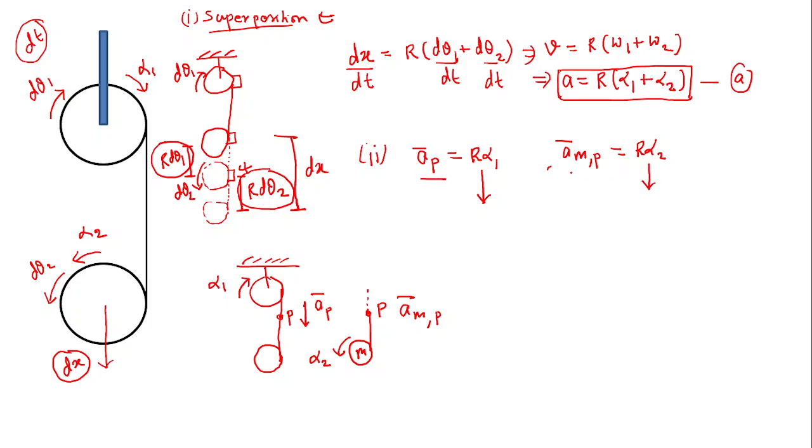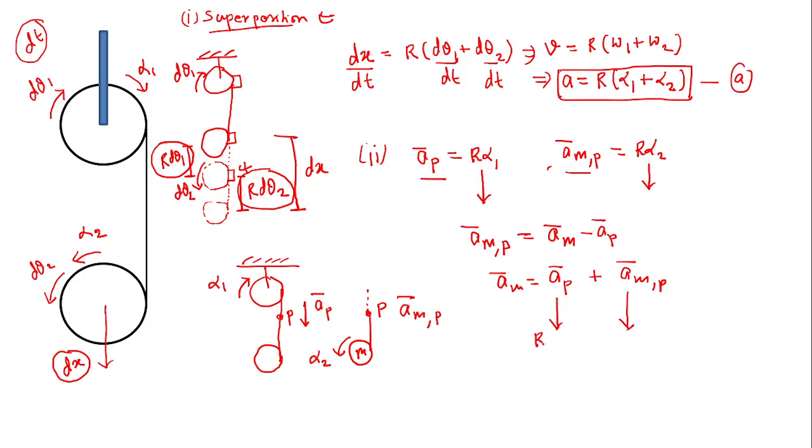Now you got this, so simply write the relative acceleration equation. Relative acceleration of any two bodies is something like this. So what is AM from here? AM is nothing but AP, which is R alpha 1 downwards, plus MP, which is again R alpha 2 downwards.